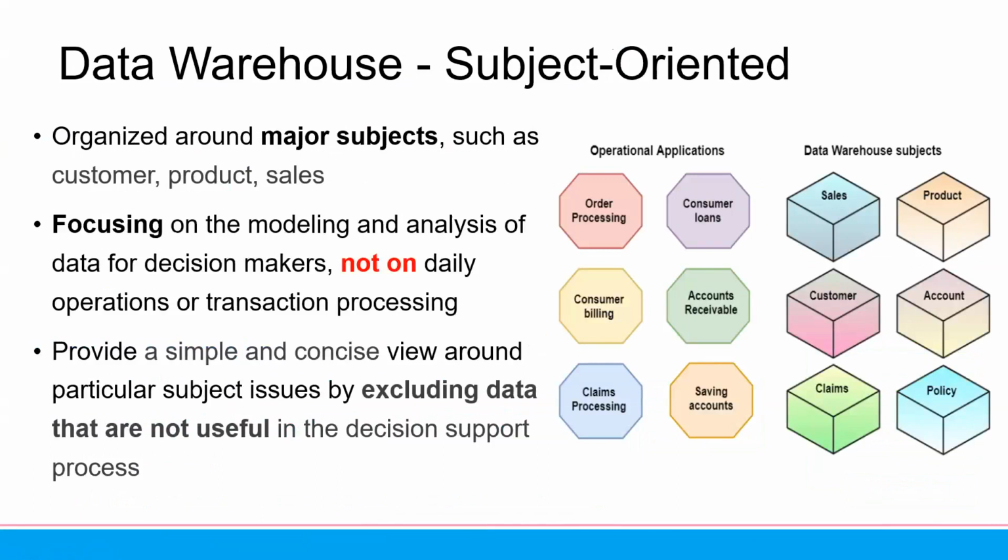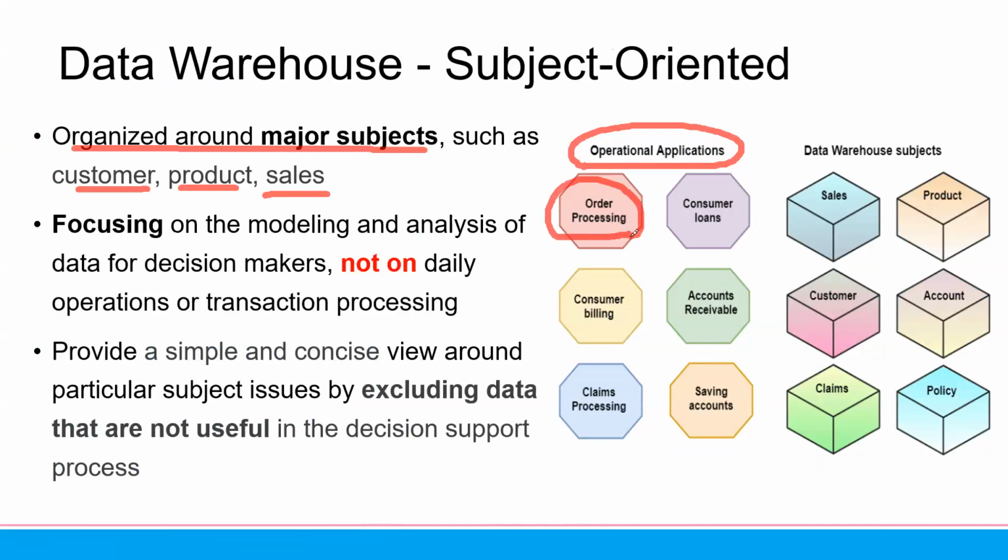There are four properties, as I mentioned: subject-oriented, time-variant, non-volatile, and integrated. So the first is subject-oriented. It means that it is organized around major subjects, such as customer, product, sales. So if you are dealing with the operational, meaning the daily operation or the daily transaction, you will have the table or the database for order processing.